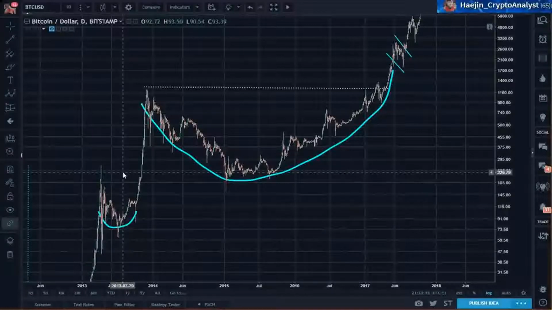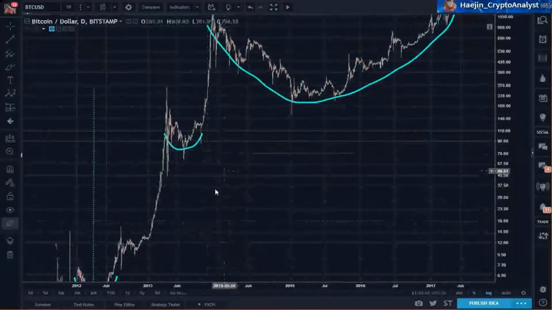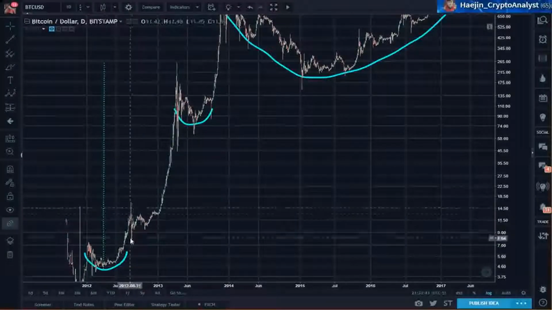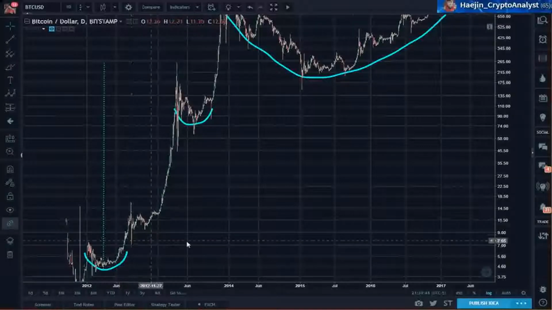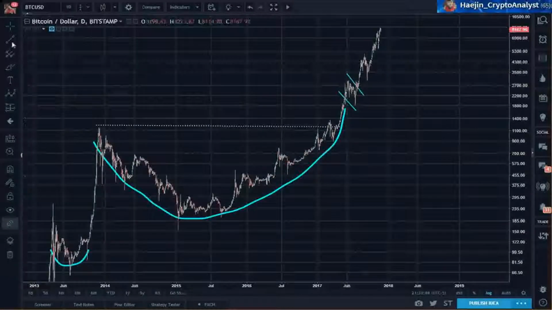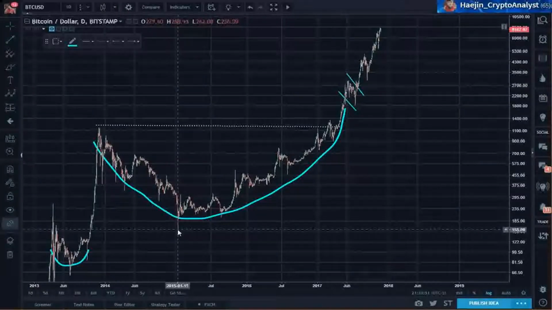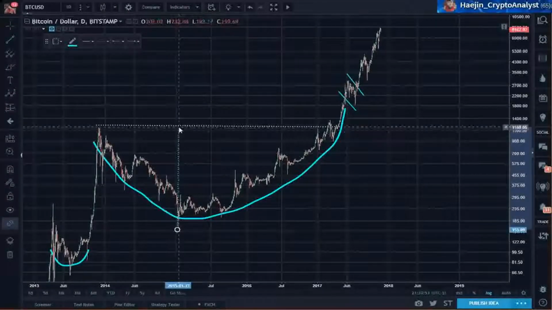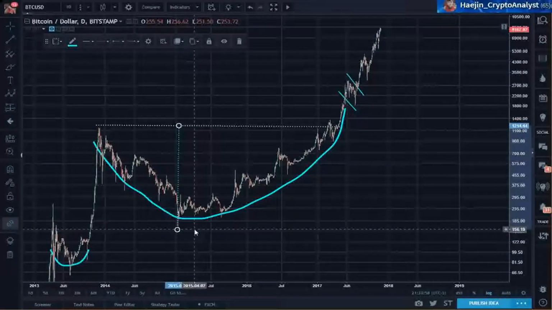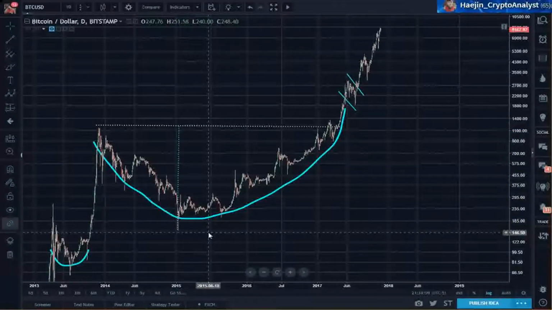It well exceeded the minimum move. Was a little more than the minimum move, at least from this perspective. And the price distance is, here I have to do the math because the logarithmic will shrink the line.